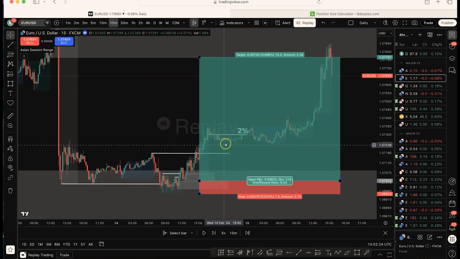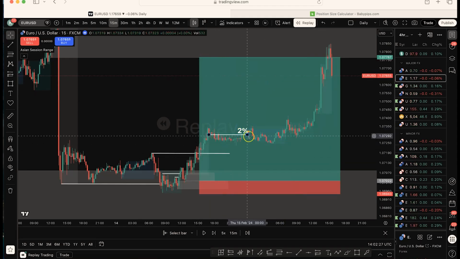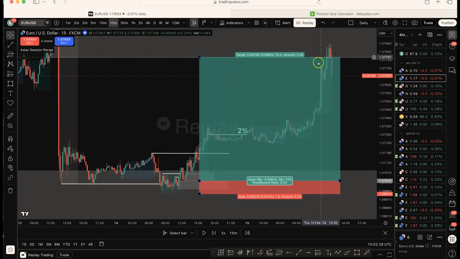So we get 2% profit taken here and around 4.7 or so taken on the full fill of this move. And all you actually had to do here was not close the trade until tomorrow.